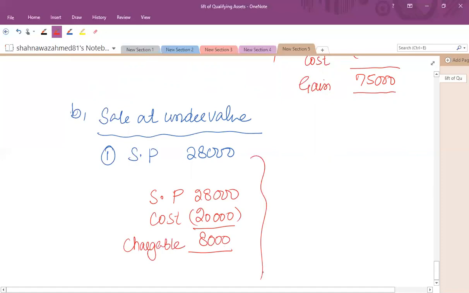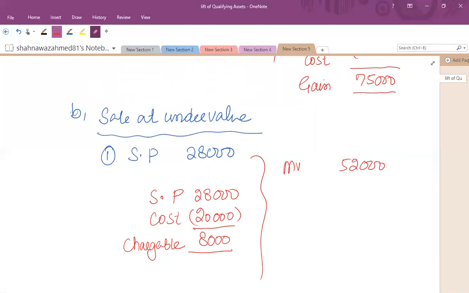Now the donee has received this at market value, so it's 52,000 and we have to identify the value of gift relief.